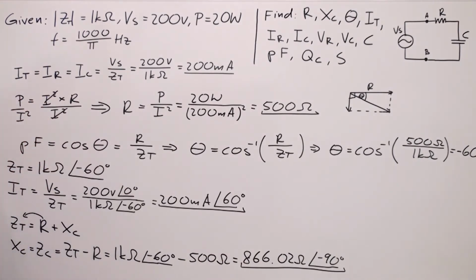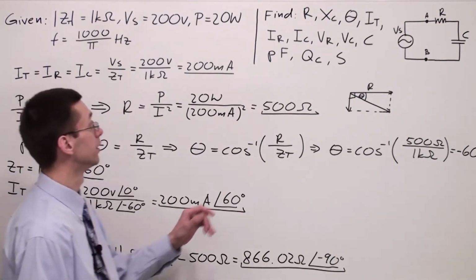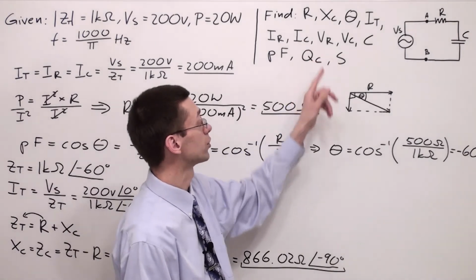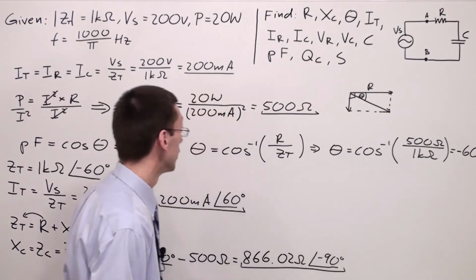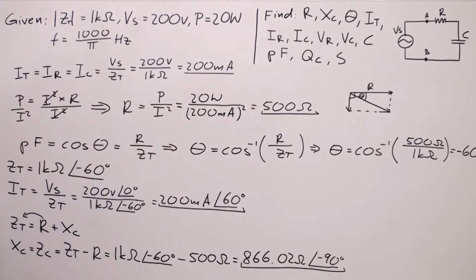Next, we can find the voltage across the resistor. In order to find the voltage across the resistor, I'm going to use Ohm's law.